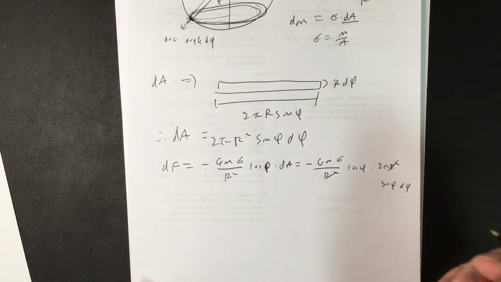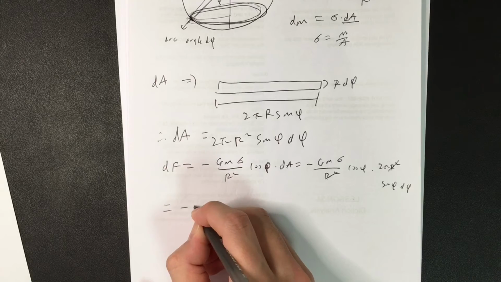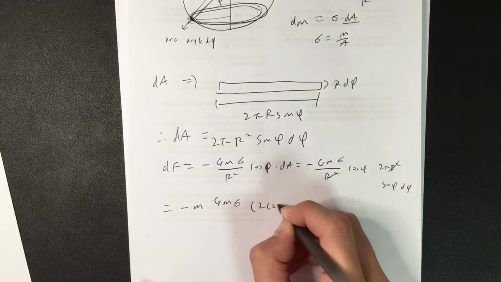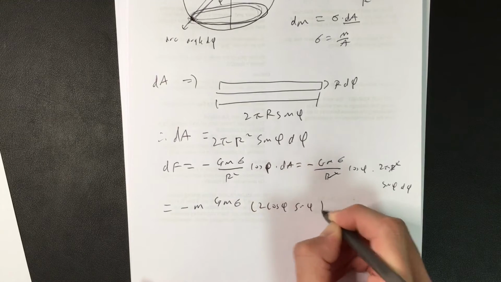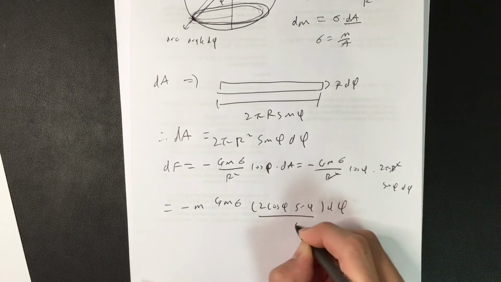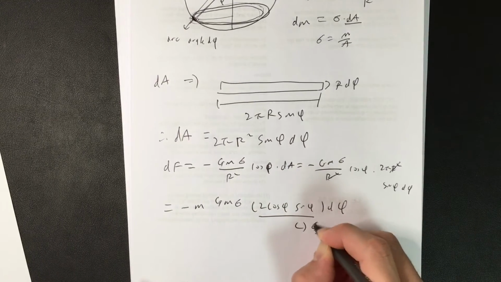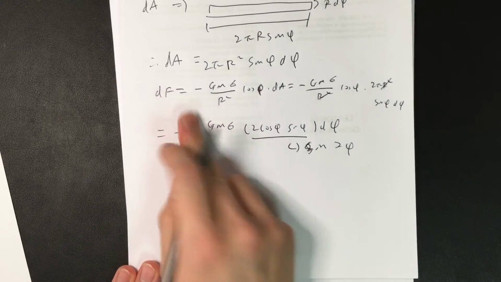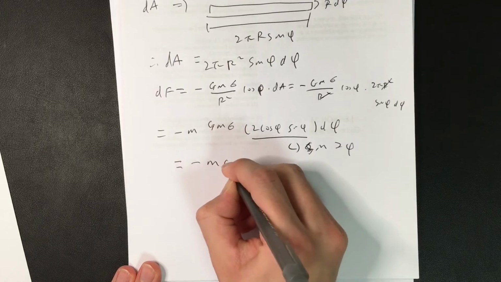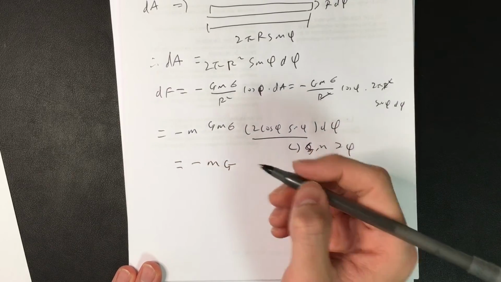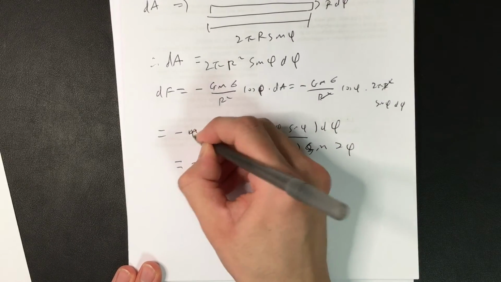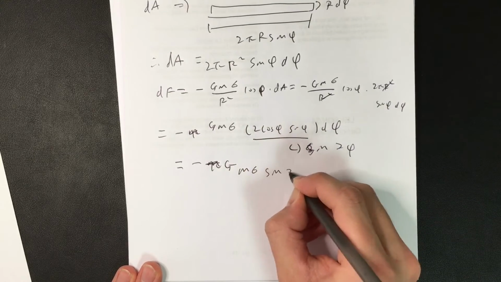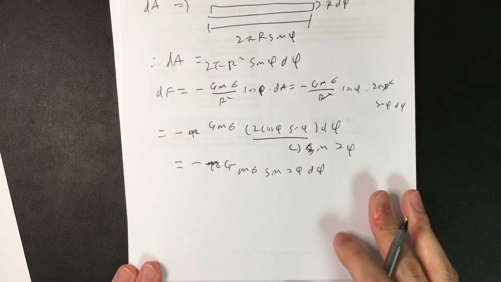The r squared is going to cancel out, and this becomes negative pi GM sigma times 2 cosine phi sine phi d phi. Now from trig identities this becomes sine of 2 phi, in which this infinitesimal force equals negative pi GM sigma sine 2 phi d phi.